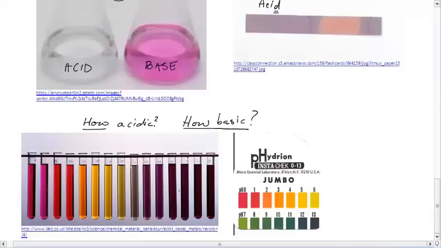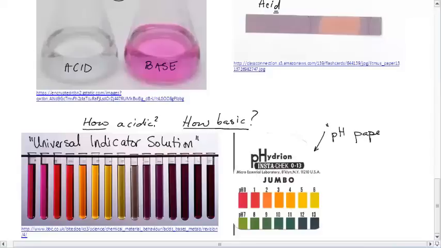So in liquid form, the indicator we use is simply called universal indicator solution. And that's what it's called because it can indicate pretty much any pH. In paper form, we just use something called pH paper.